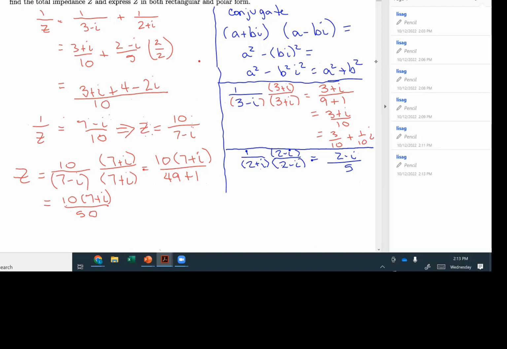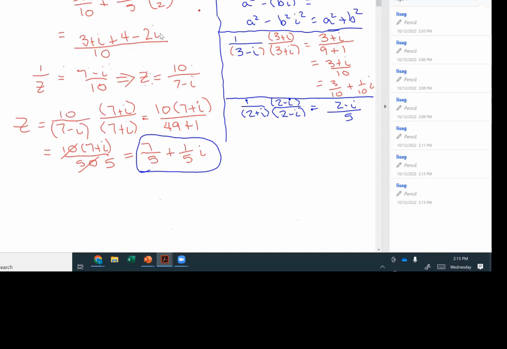Aren't we glad that we didn't distribute, because then we'd have to factor again. I can cancel this 10 with this 50 and I get 5 in the denominator. So this becomes 7/5 plus 1/5 I. Now it is in standard form. So we have it in rectangular and now we have to turn it into polar.